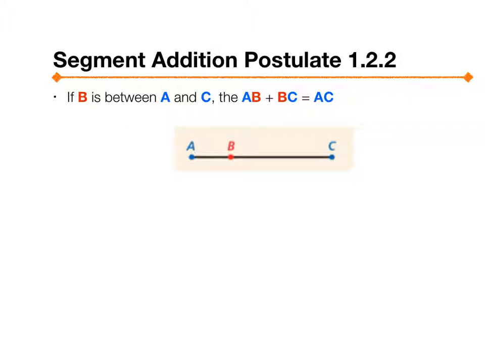So if this were 10 and this were 12, then the whole thing would be 22. So you would add the first segment, AB plus BC is equal to the whole thing.